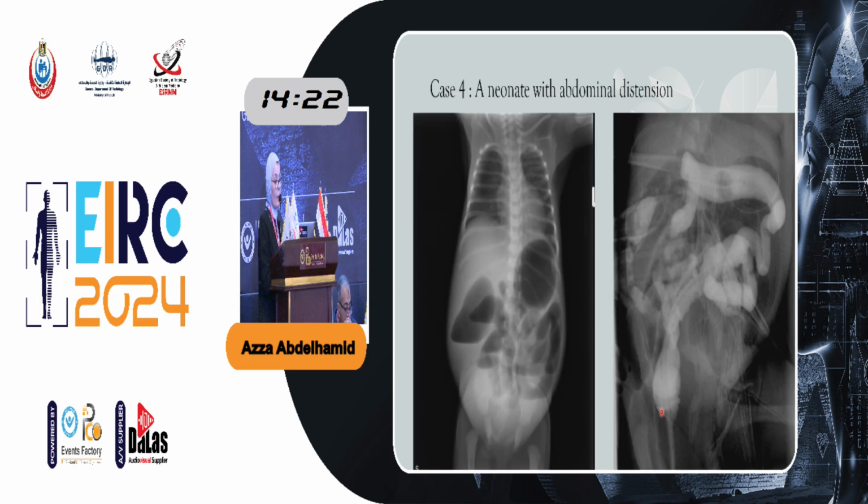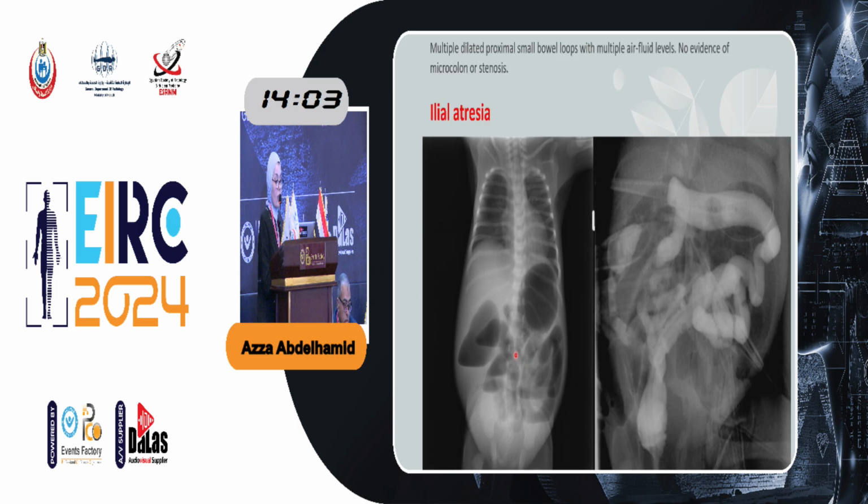A neonate with abdominal distension, high or low? Low obstruction because many bowel air fluid levels, okay, and in that case with the enema, you can see normal sized colon but dilated small bowel loops, and this was a case of ileal atresia.